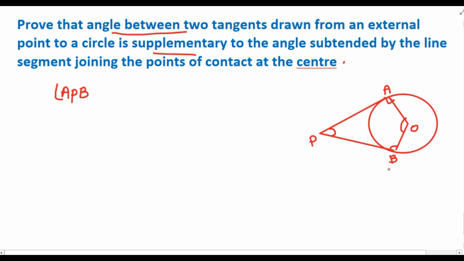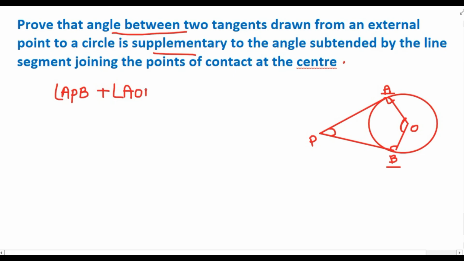A and B are the points of contact. Point of contact means the point where the tangent touches the circle, and this is the line segment joining the center and the point of contact. So the angle subtended by the line segment joining the points of contact at the center is angle AOB.